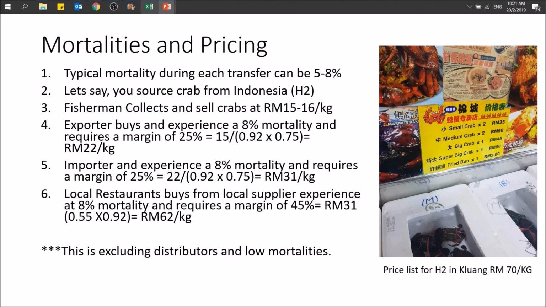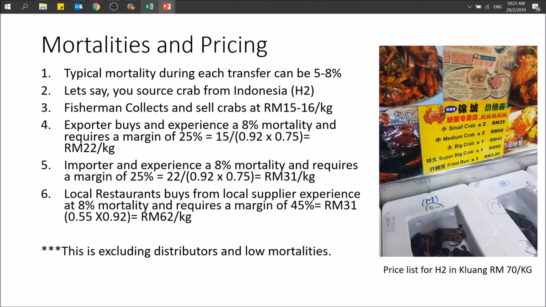Usually if the crabs die at your location, you do not have any means of recovering the cost. So it is important for importers and exporters to manage mortality to a low rate and to ensure that your crabs are being turned over in a very efficient manner. For importers or exporters, you do not want to hold them for a period of more than 2 to 3 days. So this is for a traditional business in which they are just buying and selling and matching the supply to the demand.